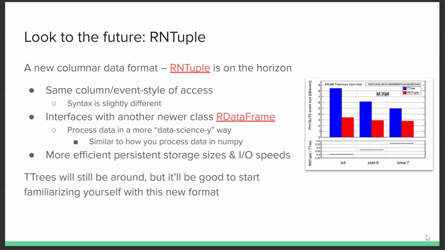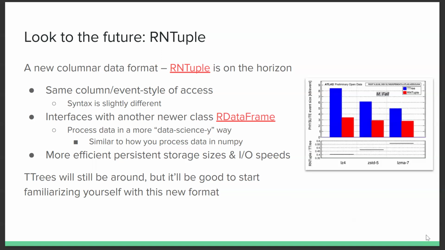But it essentially allows you to do different filters and transformations of your data in a more, again, data science-y way. The benefits of this are more efficient persistent storage sizes and I/O speeds. And from this example from ROOT showing some preliminary open data from ATLAS, you can see that the size of the RNTuple compared to the tree representing the same data is about half. So that's pretty cool.